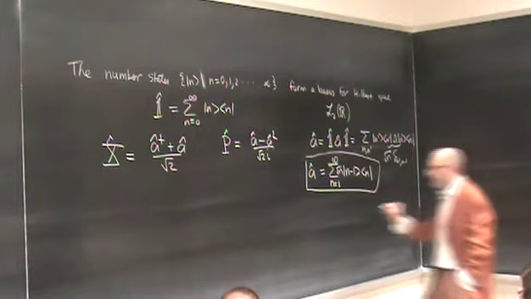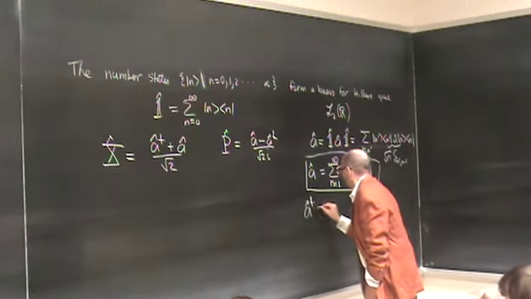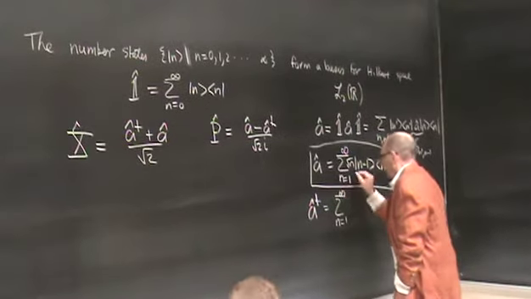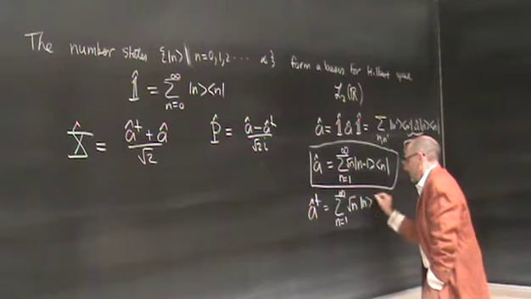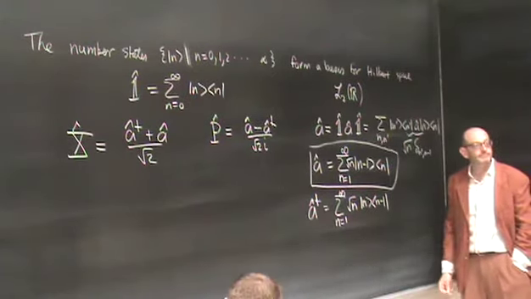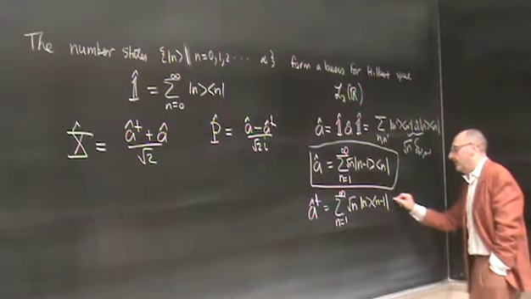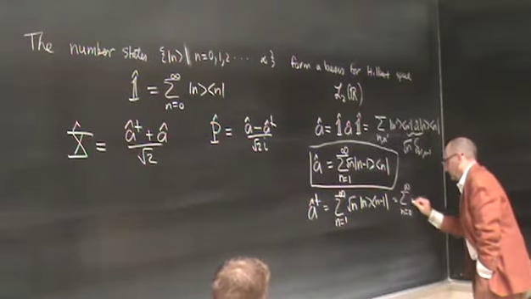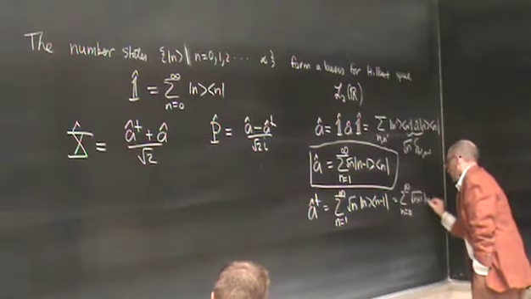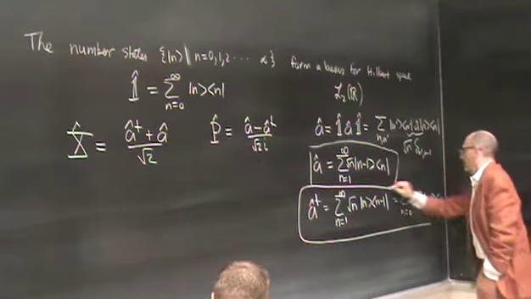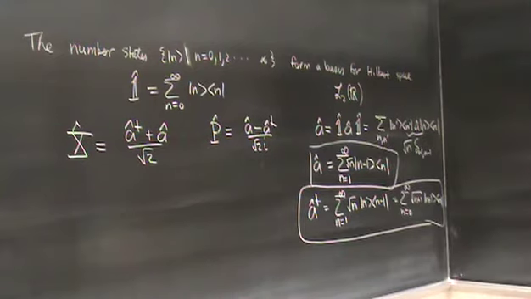And A dagger is the adjoint. That's just taking the adjoint. Or if I want to just relabel things and start at 0, I can do that too. That's just relabeling the sum.